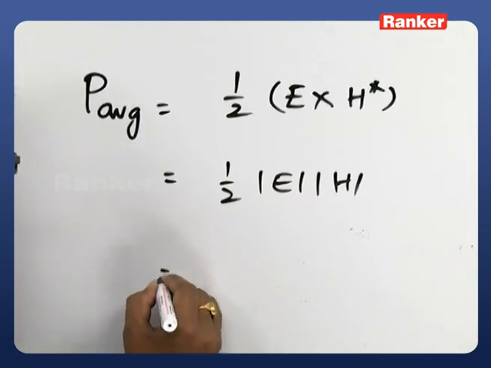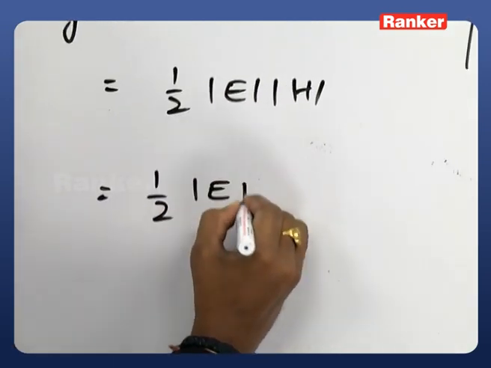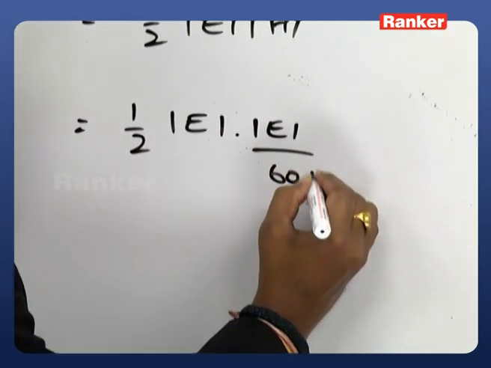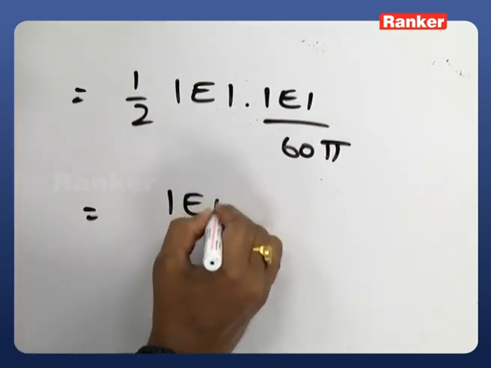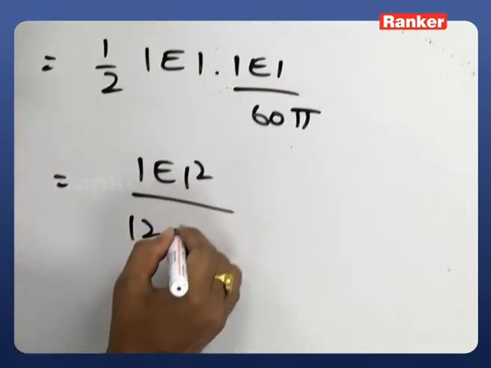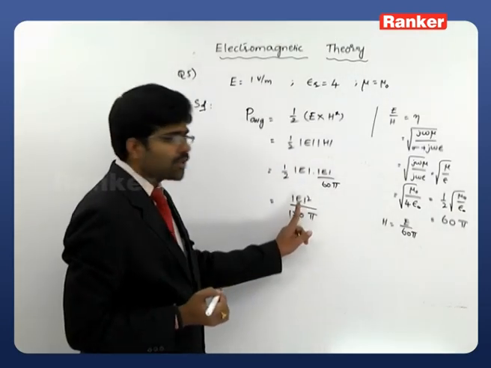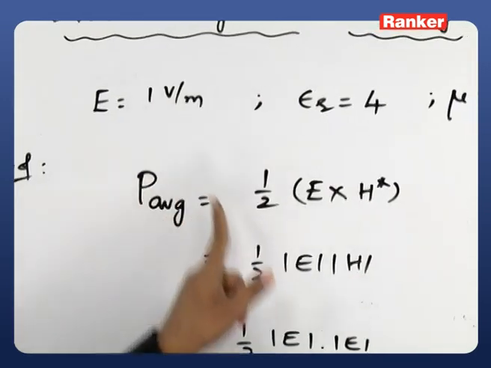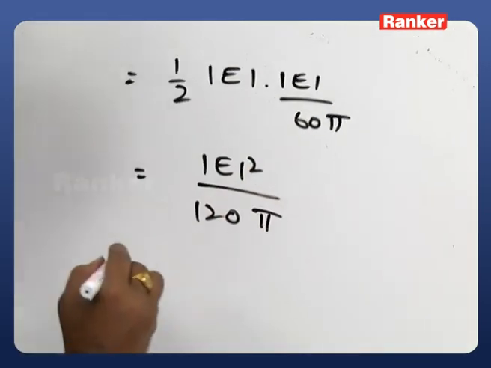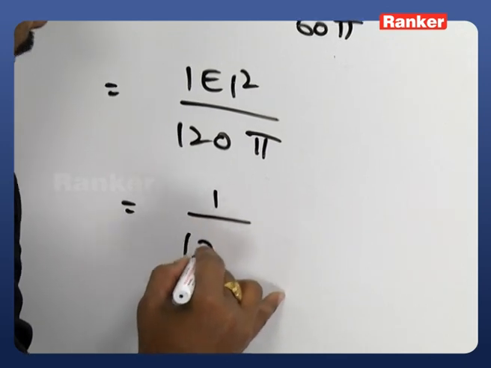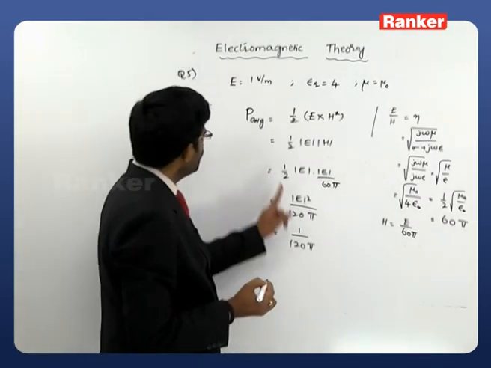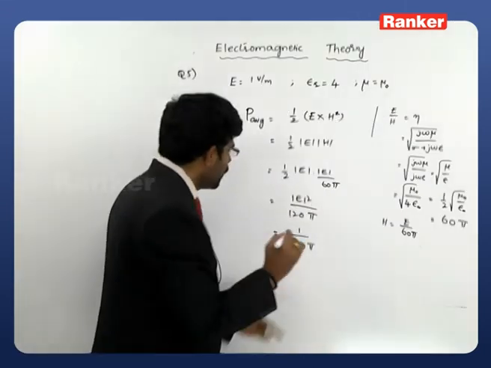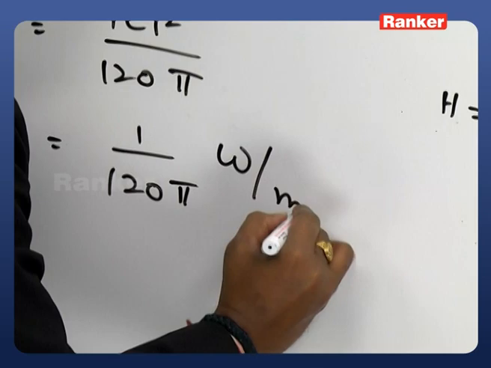Then it is equal to 1 by 2 magnitude of E, and instead of H I write magnitude of E by 60 pi, which is equal to magnitude of E square by 2 into 60, which is 120 pi. Now substitute the magnitude of E here. The magnitude of E is 1 volt per meter. Substituting 1 volt per meter here gives us 1 divided by 120 pi, and we are calculating the power density average once again, so the units are watt per meter square.